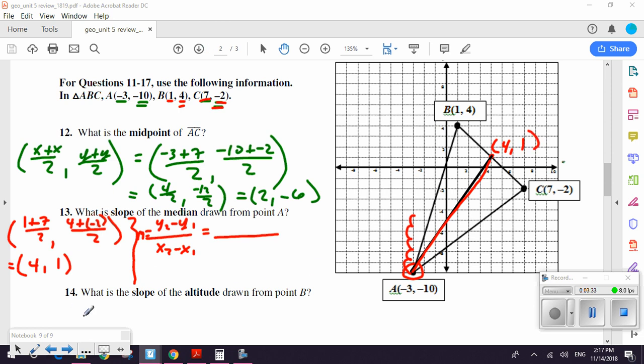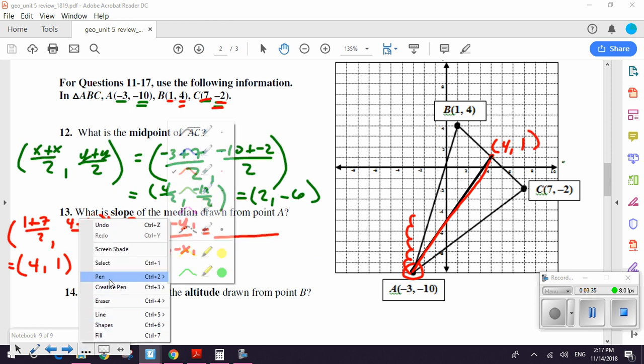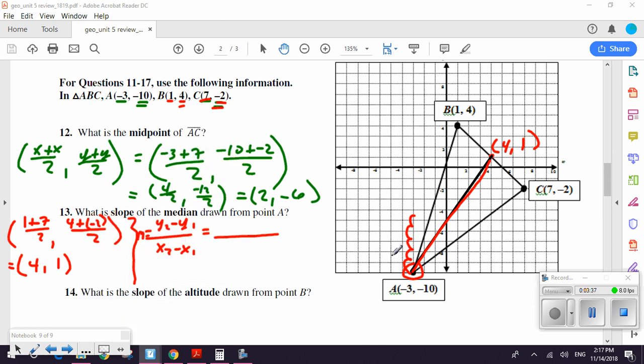So that means I can say that A is the first coordinate or 4, 1 is the first coordinate. So let's go with A. So this means that's x1, this is y1, this is x2, that's y2. So that means I would do 1 minus -10, so plus 10 at the top, and then 4 minus -3, so plus 3 at the bottom, which would give me 11 over 7.